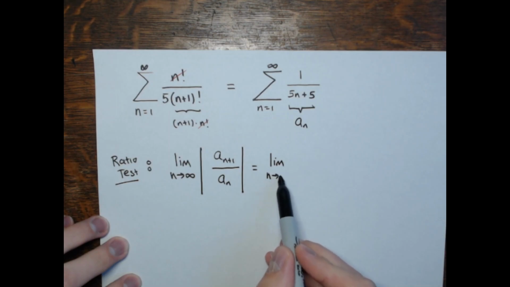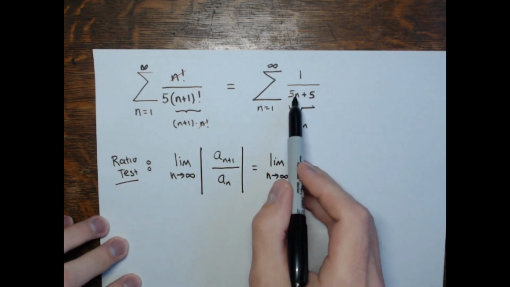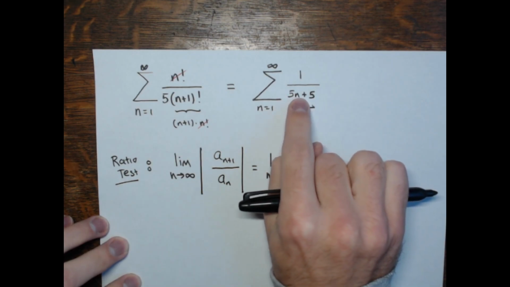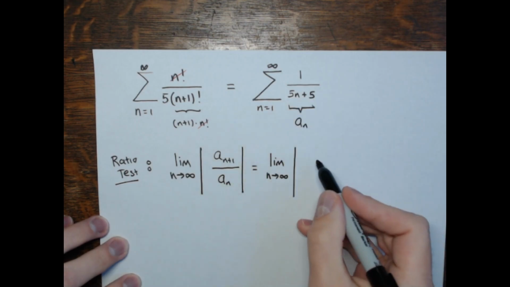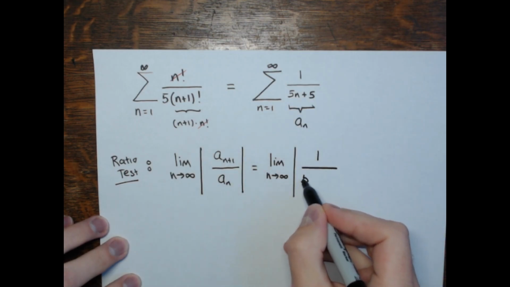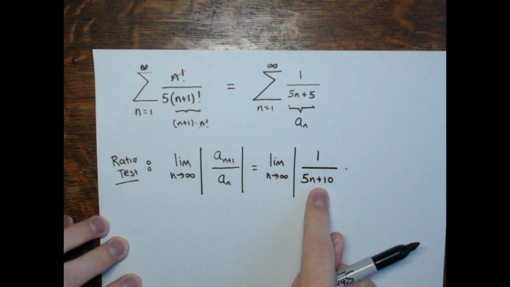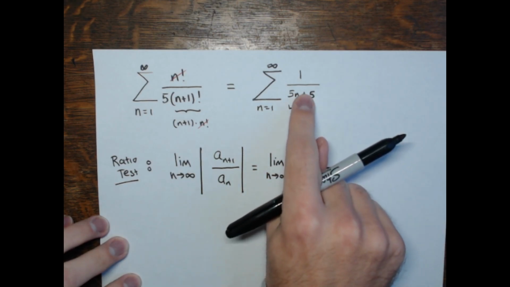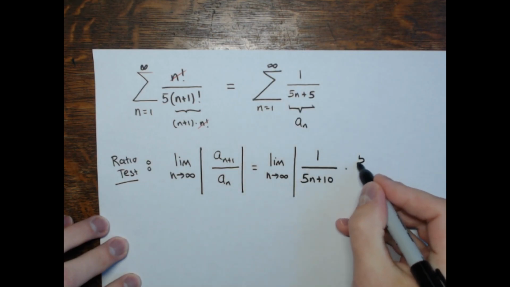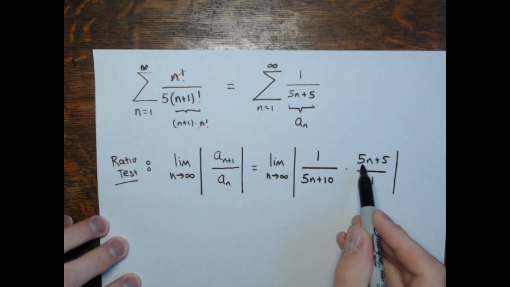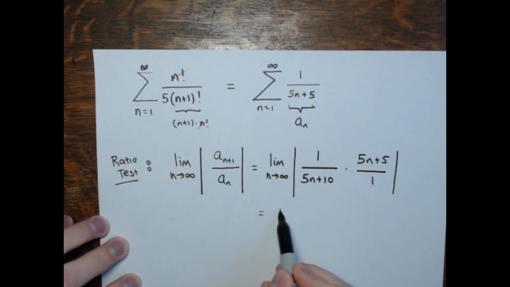I replace n with n plus 1 and distribute the 5, that'd be 5n plus 5. This would be 1 over 5n plus 10. That would be the n plus first term. And then divide by a sub n, which is multiplying by the reciprocal, 5n plus 5 over 1. What I have here is 5n plus 5 over 5n plus 10. This limit is 1, from the lead term of 5n.